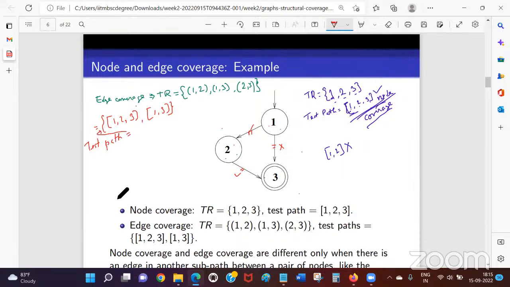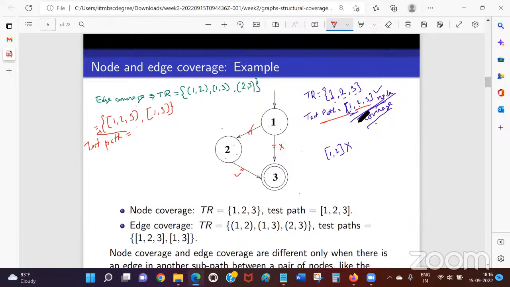Now remember, an edge coverage covers node coverage, but a node coverage may not cover edge coverage. What does it mean? This is the test path which is providing a node coverage, but you have seen this is not providing an edge coverage. But in some cases it may happen, right? We can see afterwards, there could be some cases where it is true.